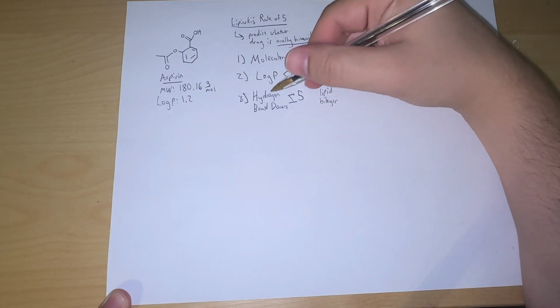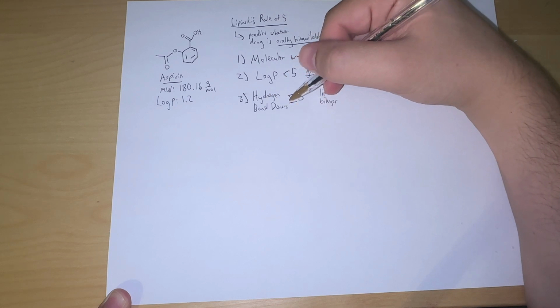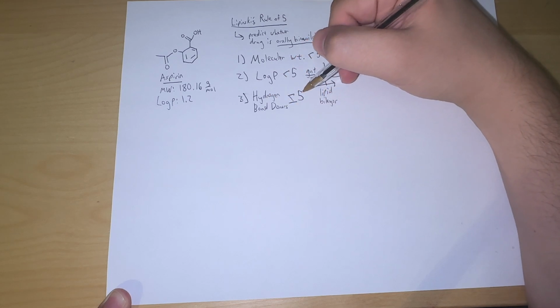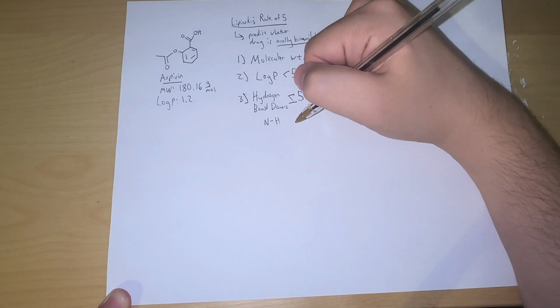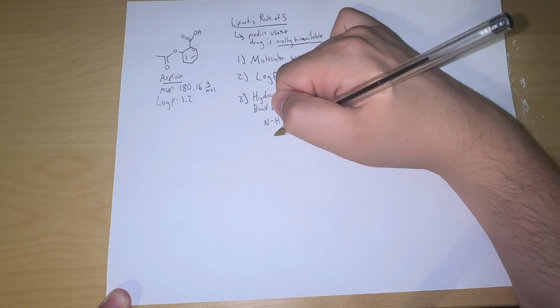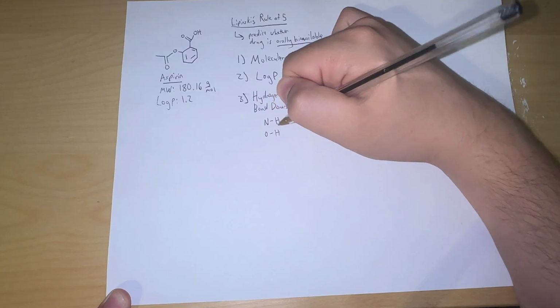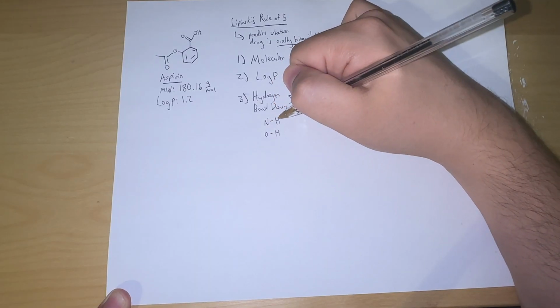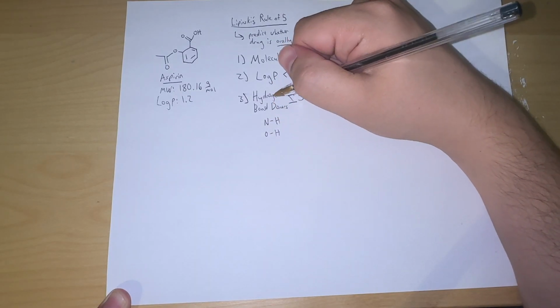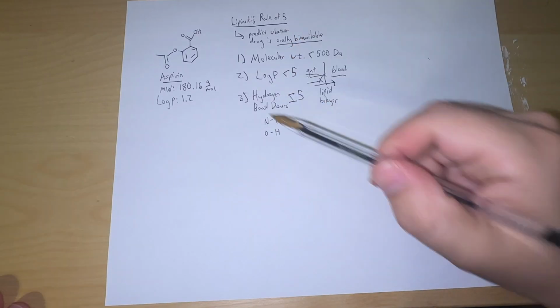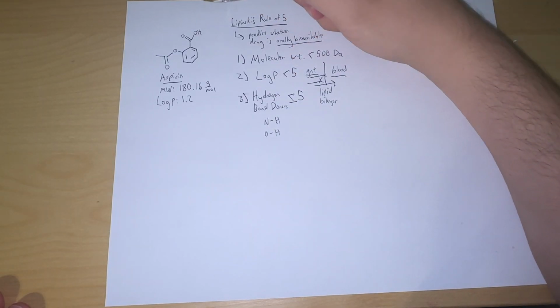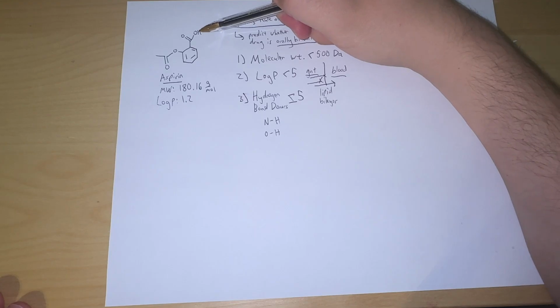The next rule is regarding hydrogen bond donors, and we want to have less than or equal to 5 of them. Now, a hydrogen bond donor is a nitrogen connected to a hydrogen, or an oxygen connected to a hydrogen. So if you see an NH bond or an OH bond, that will be a hydrogen bond donor. On aspirin, we can see that we have this carboxylic acid, and here we have an OH bond.